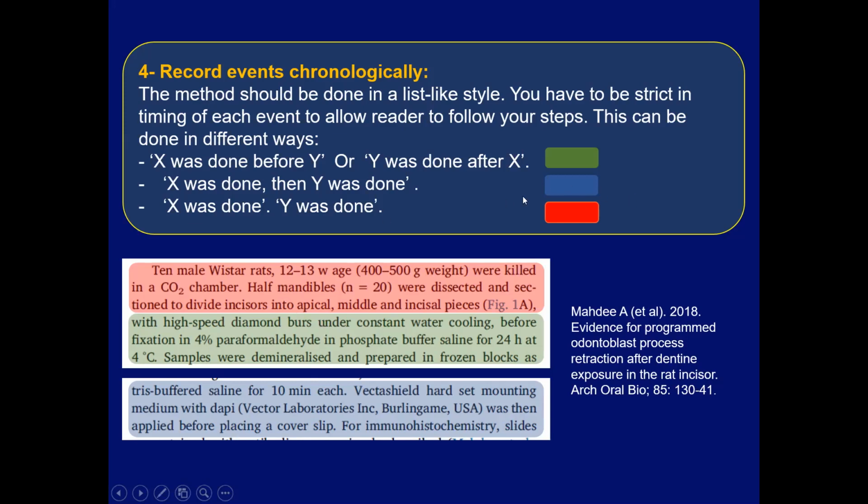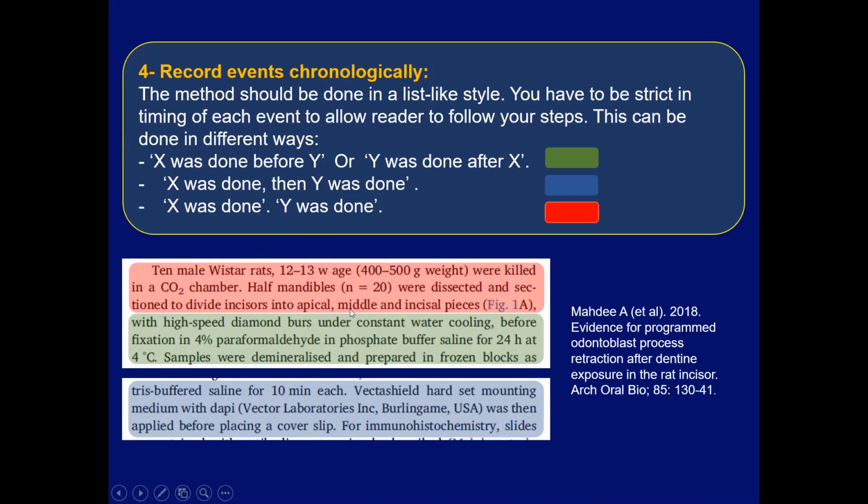And the last one, the blue one, is when he said X was done, comma, then Y was done. So here, the frozen blocks were washed in Tris buffer saline for 10 minutes each, and Shield hard set mounting medium with DAPI was then applied. Here you can see X, then Y was done.